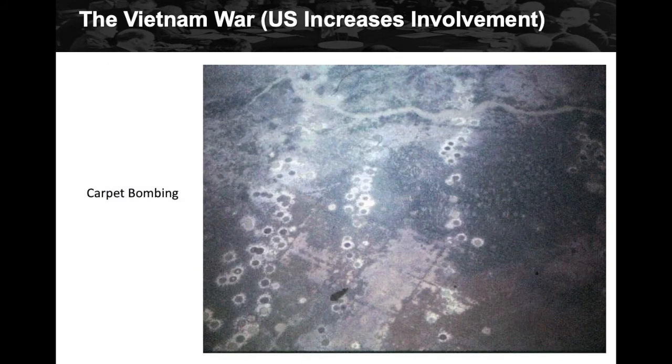Here's a picture of carpet bombing, and you just see the plane would come and drop bombs along this path, and then right next to it another plane drops along that path, and it would just continue and continue. And they didn't have to be right next to each other because these bombs are so big that the bomb would explode there, but the impact would reverberate out.